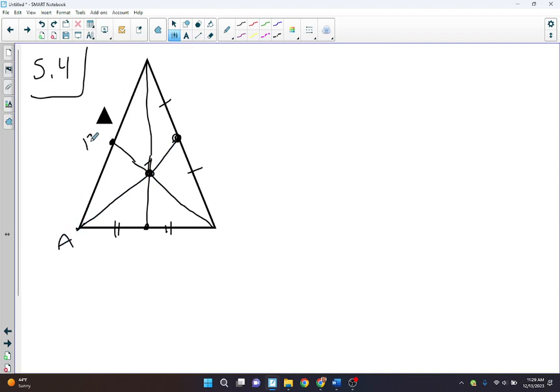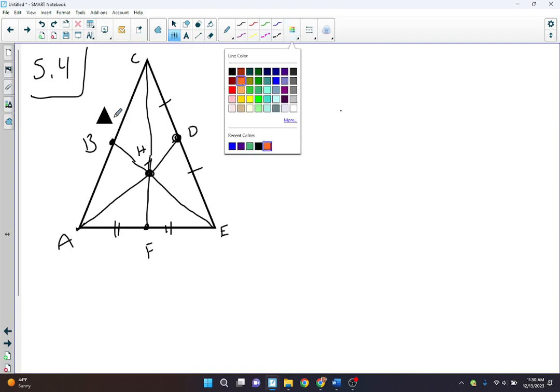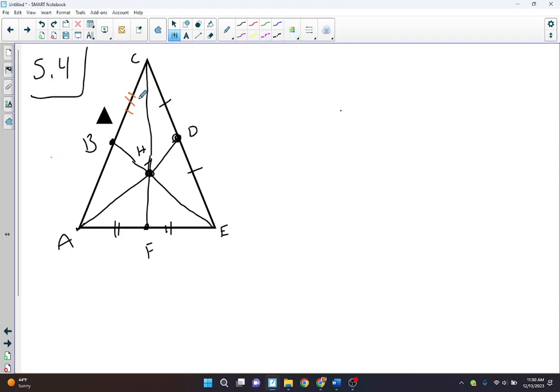Let's put some letters: A, B, C, D, E, F, H. The relationships here are, first off, the sides, the outsides, they're all midpoints, so they're all bisected. So BC should equal AB, AF should equal EF, and so forth.